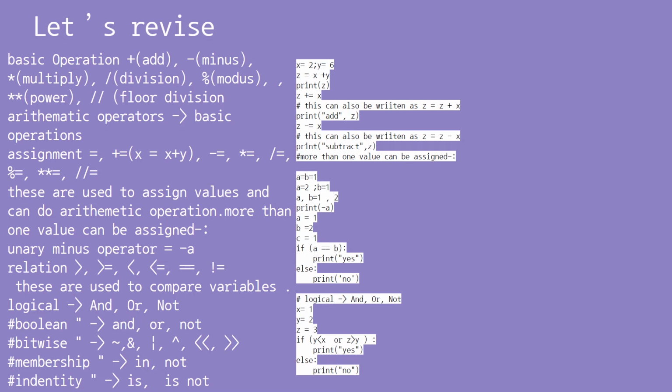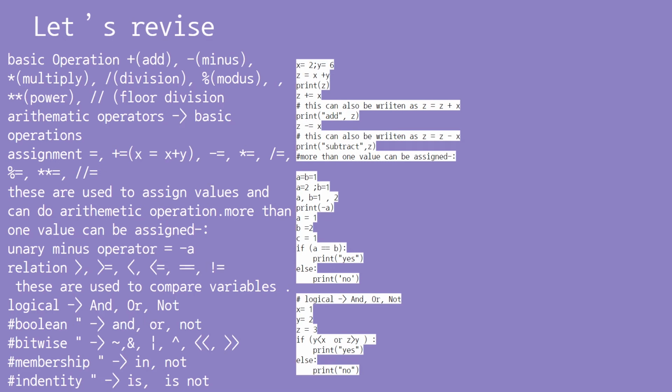Bitwise operators are used with binary numbers. Membership operators check if something is in another thing. And identity is like, if one plus 2 is equal to 3, then do this. And then there are some examples on the right hand side.